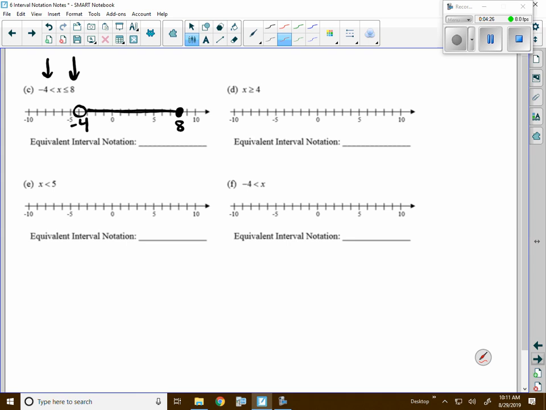So take 2 seconds on your own notes and see if you can pick out which one is going to have a parenthesis and which one's going to have a bracket. Your parenthesis should be on the -4 because there's no equal sign on that one, and the bracket should be on 8.